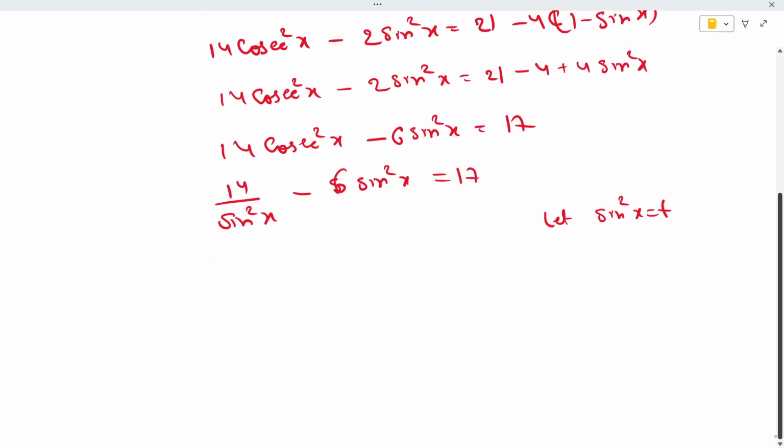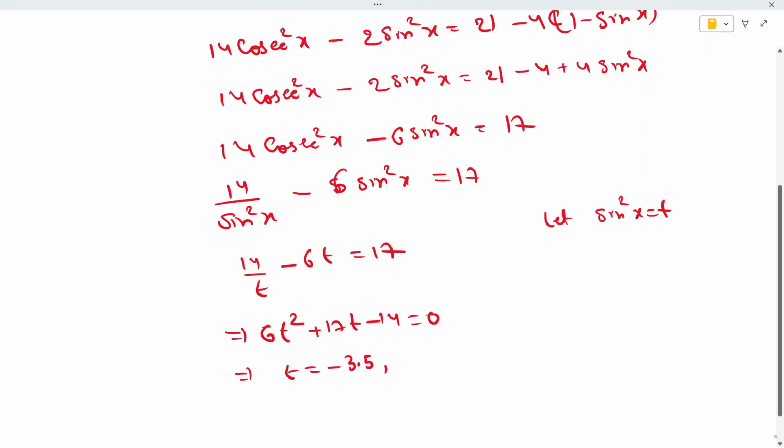Then we get 14 upon t minus 6t is equal to 17. Now that will be 6t square plus 17t minus 14 is equal to 0.